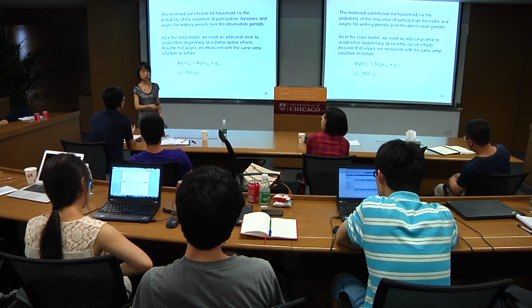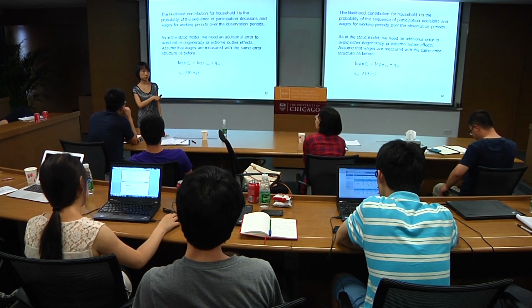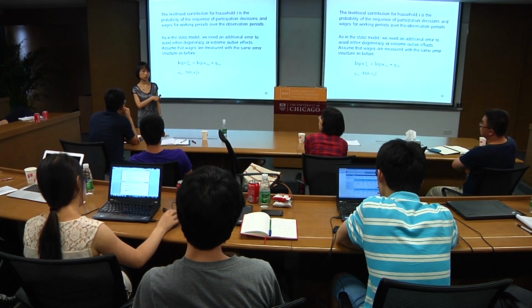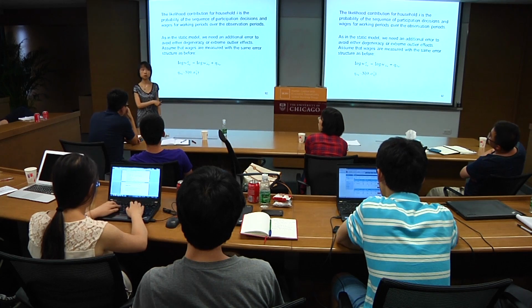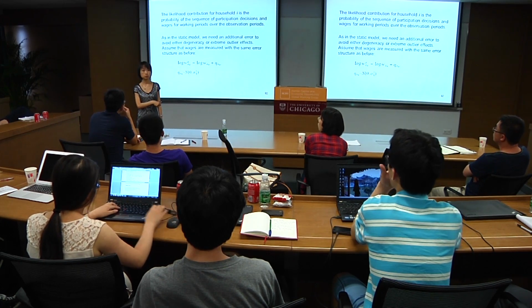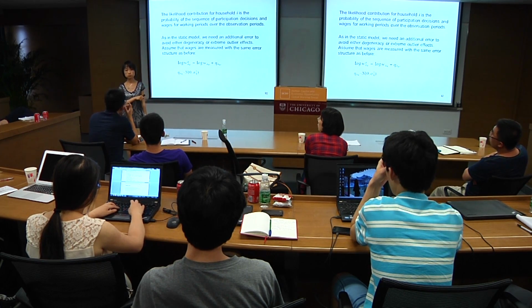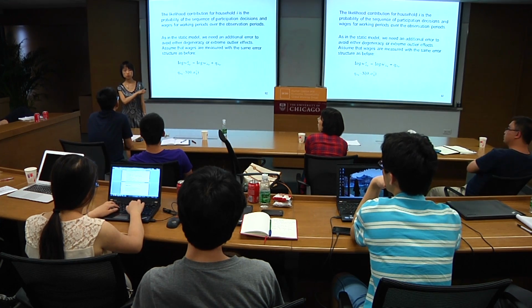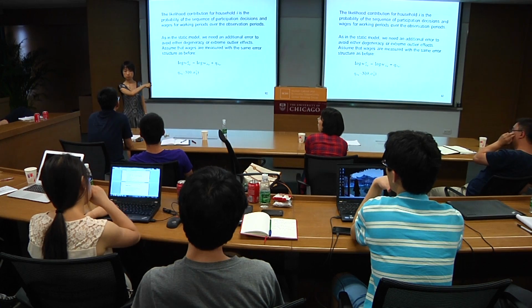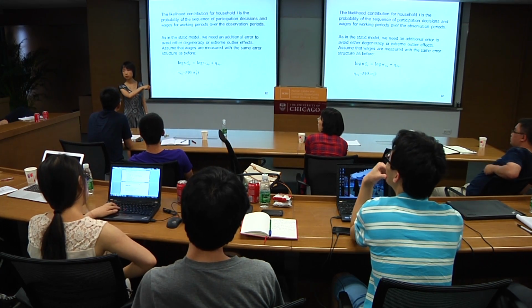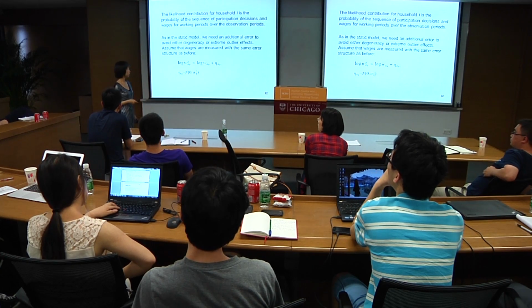So in that case, we can estimate this model without time series, without panel data. We can use cross-section. But that's because we're using a very boring model. Don't ever try to write a paper based on this. Okay? Don't ever.